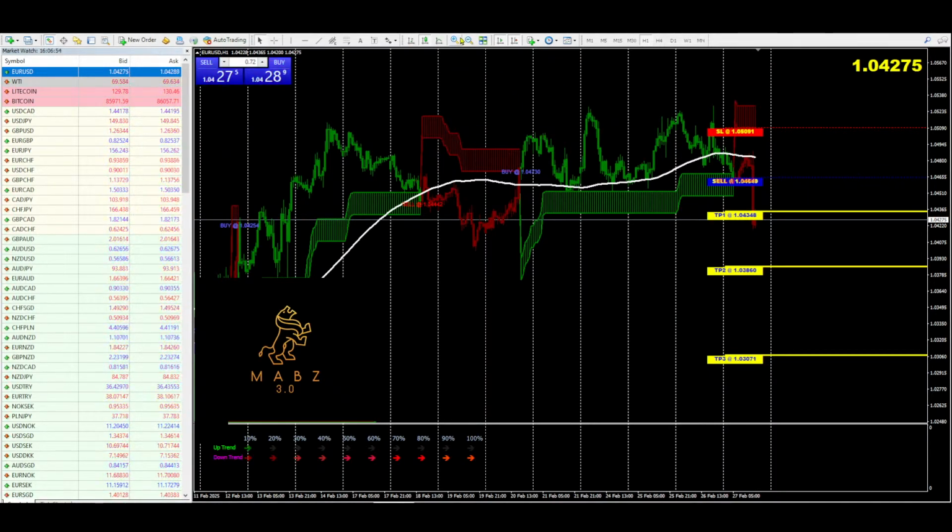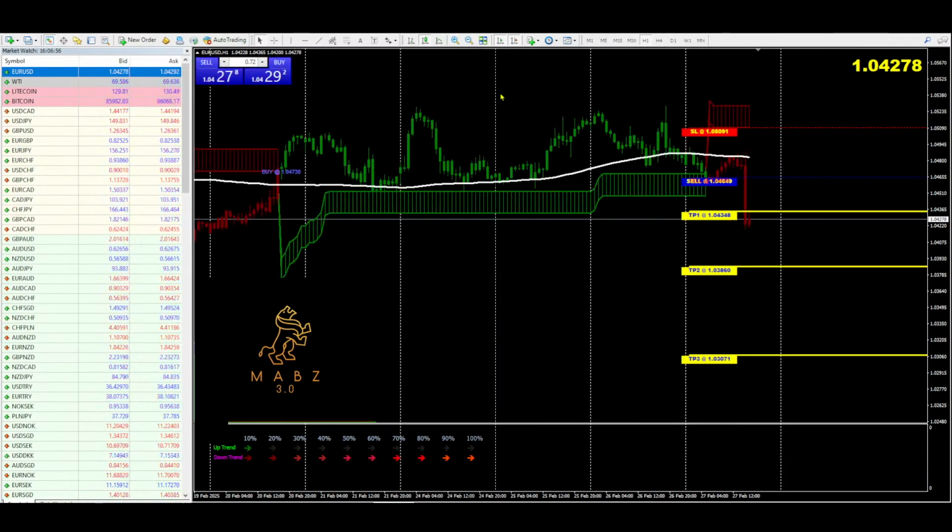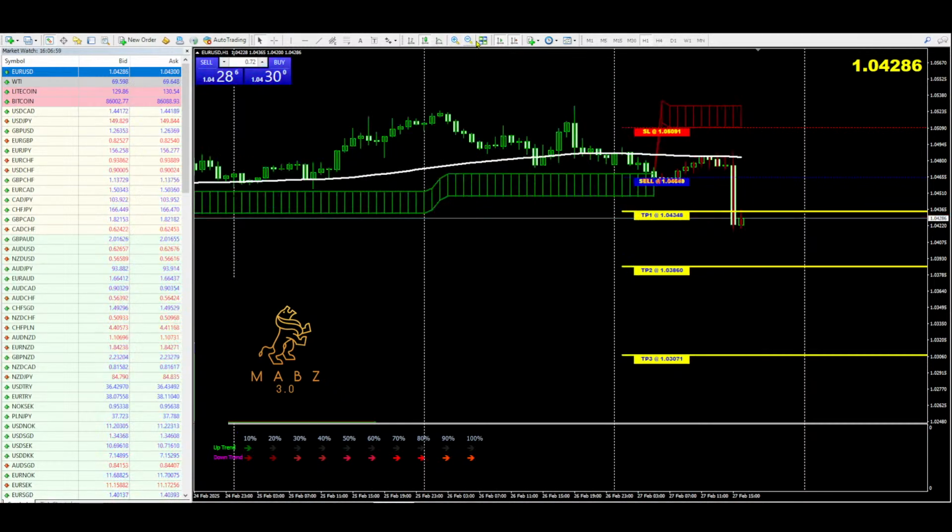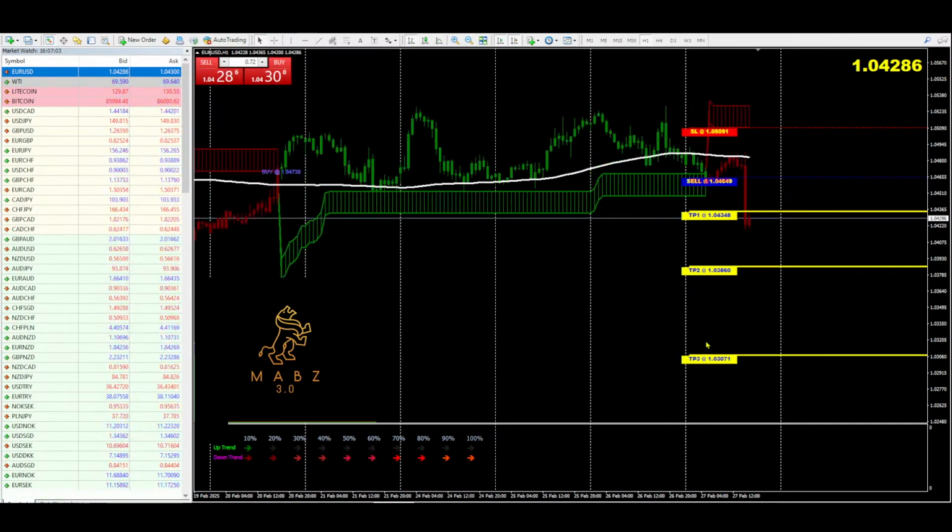We can see on the H1 chart we've got a sell entry. The market is just underneath the 100 period moving average. When I say the market, I'm saying where the price currently is, so the price is currently under the 100 period moving average.